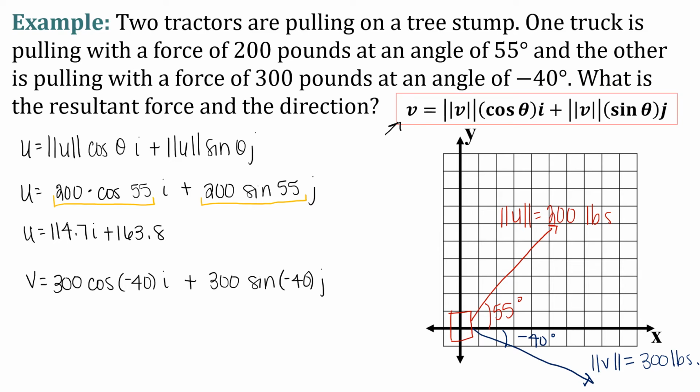So plugging both of these into our calculator, 300 times cosine of negative 40 is 229.8. And 300 times sine of negative 40 is negative 192.8. Okay, now because it was negative 192, I changed this addition to subtraction.